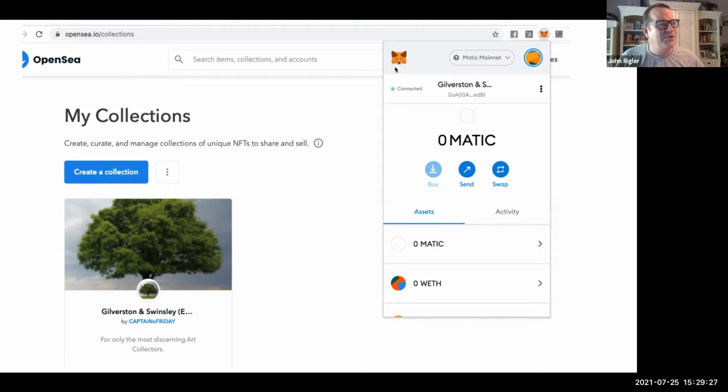What I'm showing you here is a picture from my browser. This thing is called MetaMask. You set up MetaMask on your computer, and just like the application on the phone, it has your digital IDs.